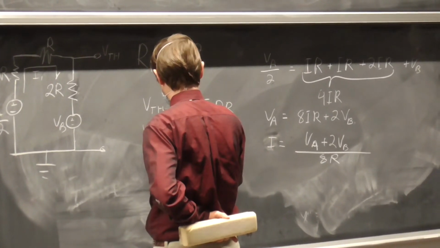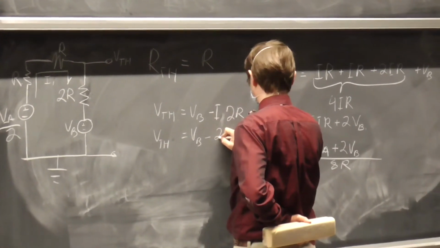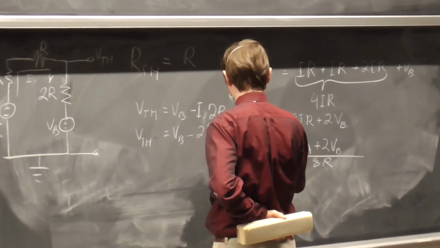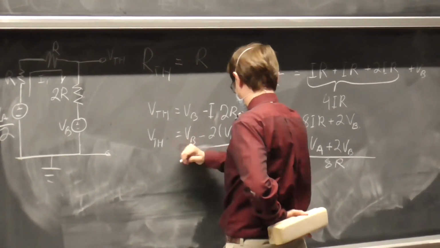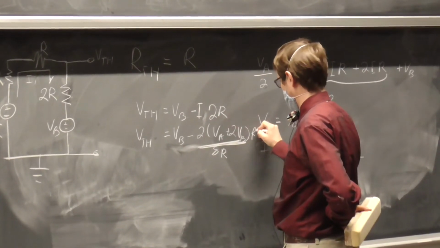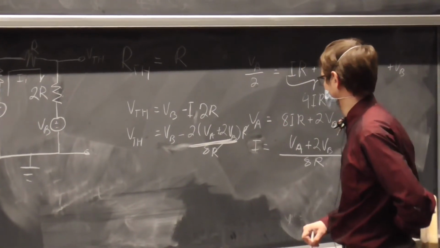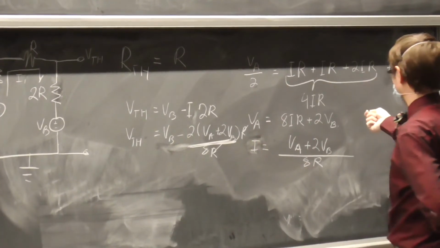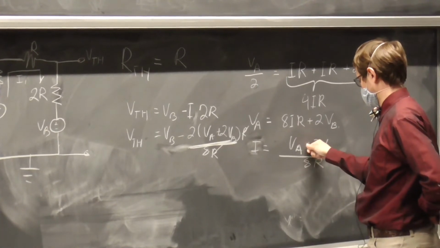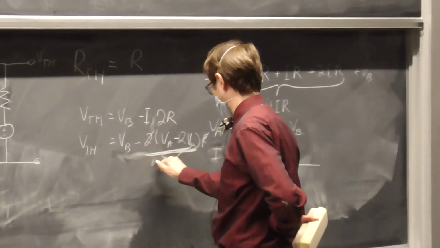So VTH is equal to VB minus 2 times VA plus 2VB over 8R. Would it not be minus VB when you're calculating I, because you have to bring the VB over? I think when you bring it over. Oh, yeah, that should be, yeah. Good, all right. So that goes to 4.